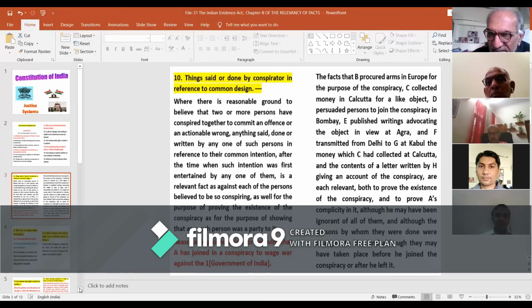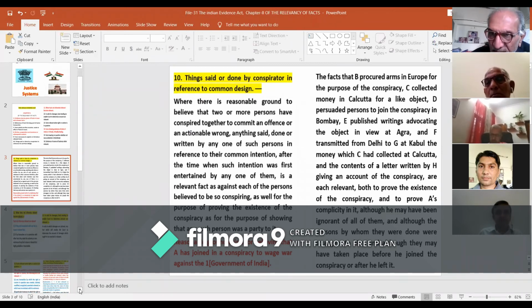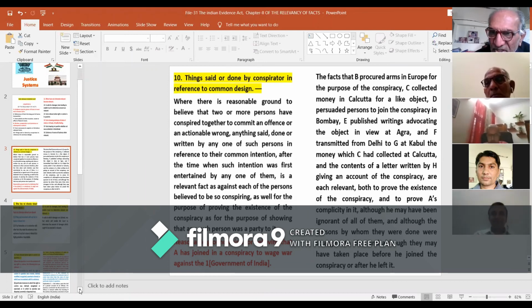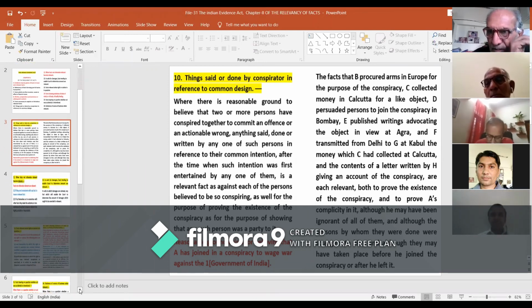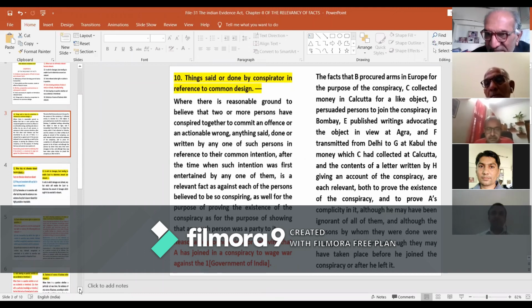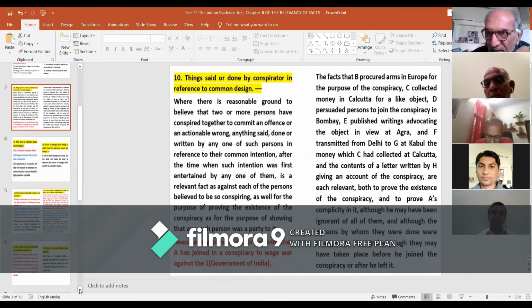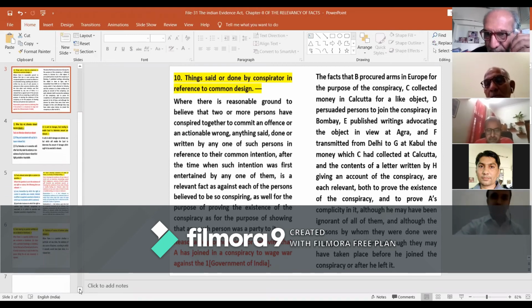Now, this act done or writing is to be subsequent to the date of the conspiracy. This act done or document is to be relevant to the common intention of the conspiracy. And then this relevancy for such act and document, once made relevant, once permitted, once admissibility to it is there, then it can be utilized firstly against all the conspirators.